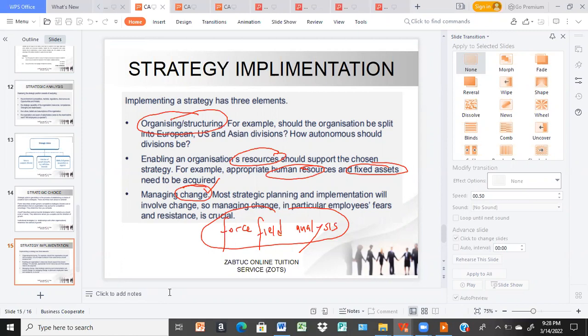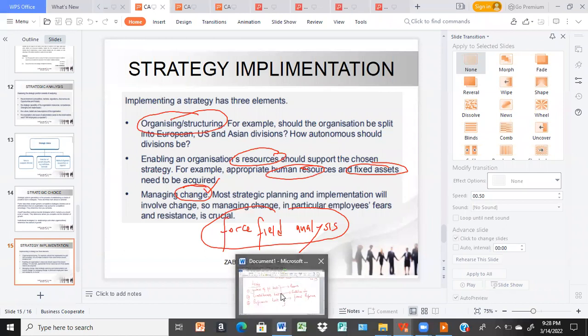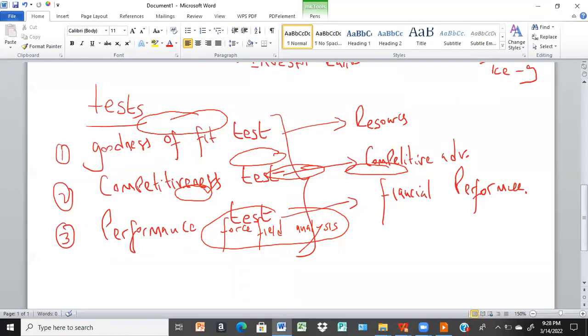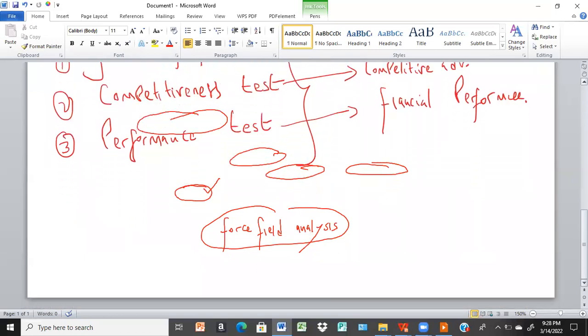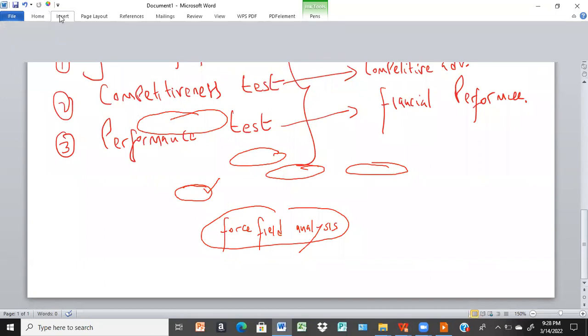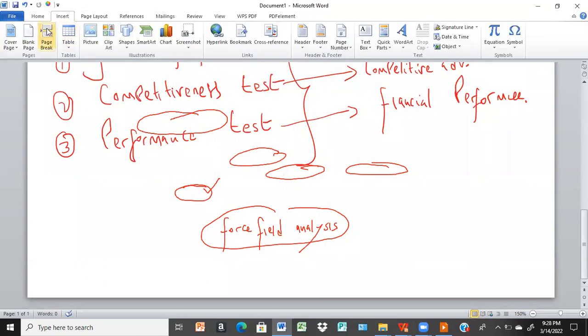Starting with the most basic structures. So what were our most basic structures that we came across?